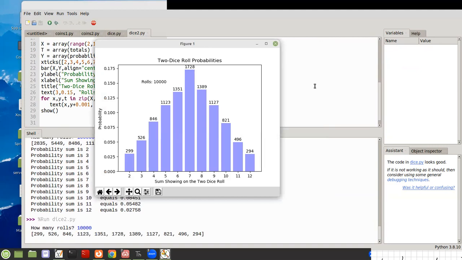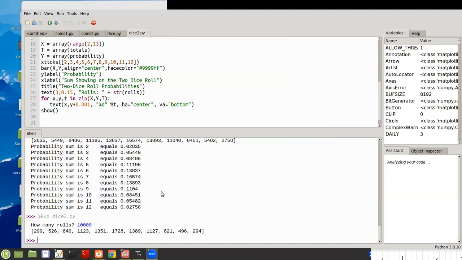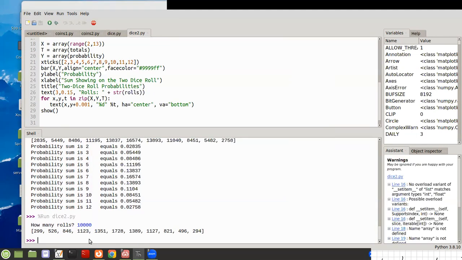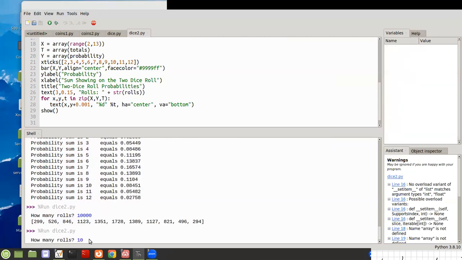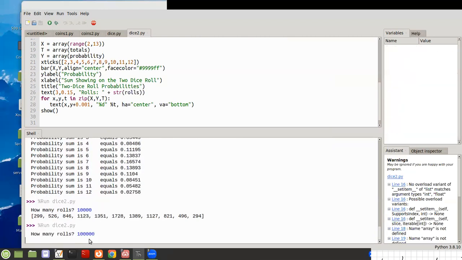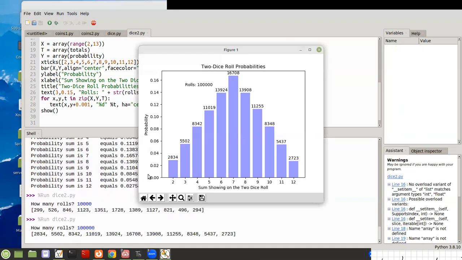With 10,000 rolls, it shows how many rolls were in each sum, and you can see it peaked around the 7. Now let's try it again with 100,000. It's still 7, but it's beginning to coalesce to certain values.